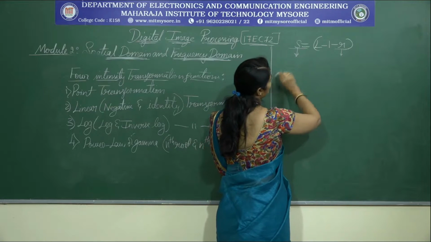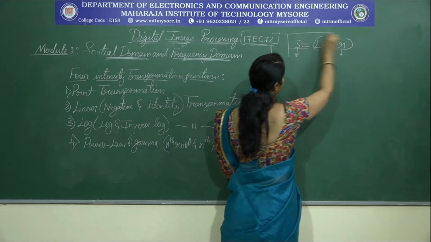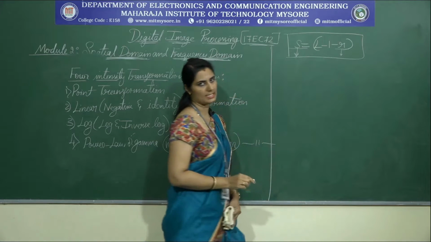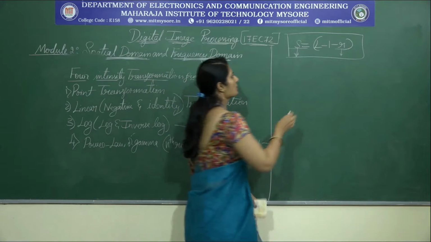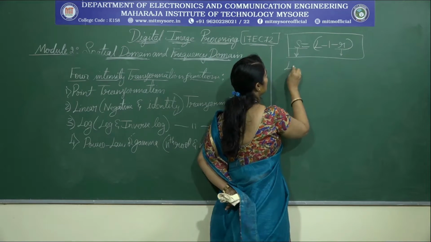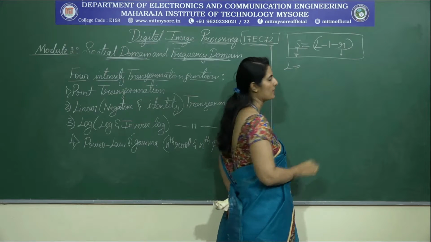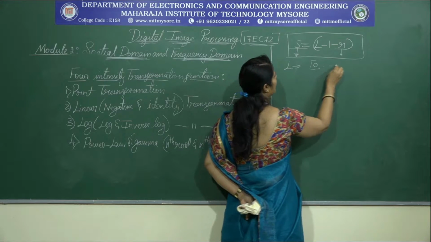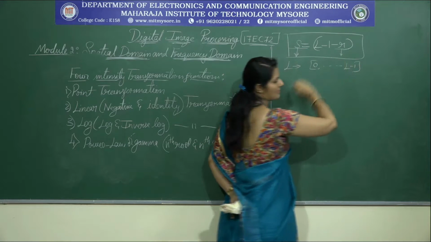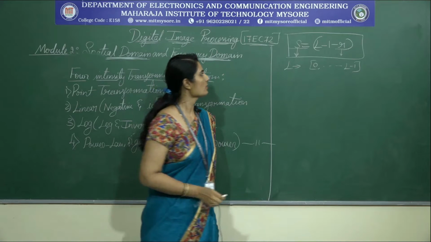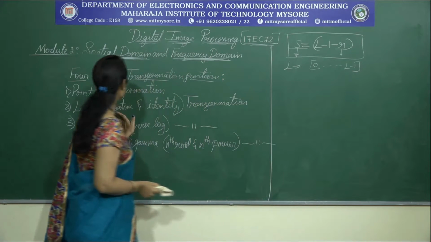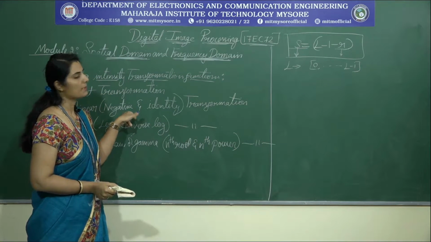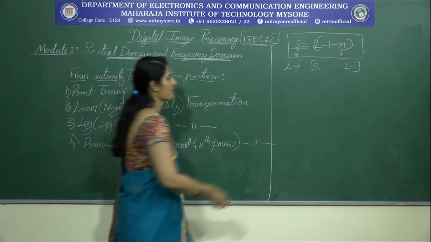If you have L intensity levels in an image, then 0 represents black and L - 1 represents white. This type of linear transformation is better understood with a graph.